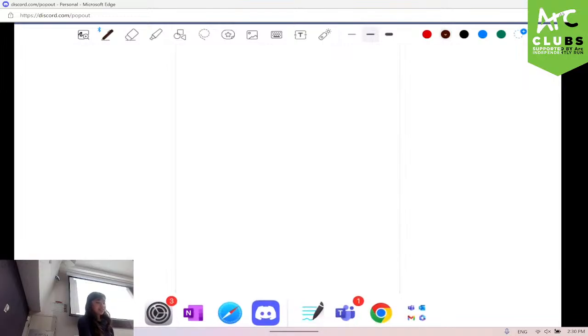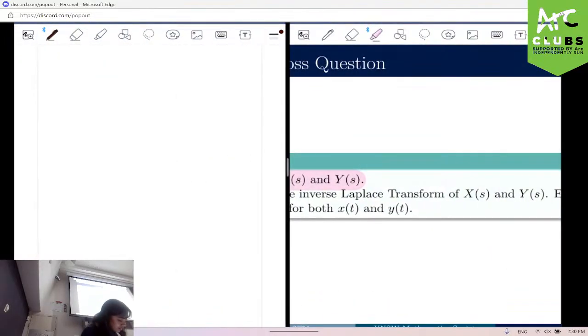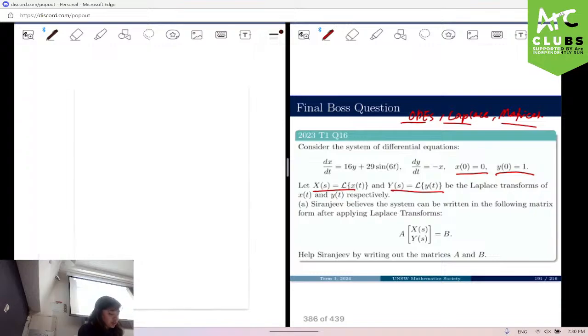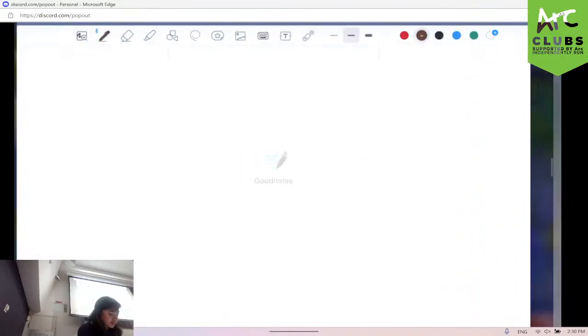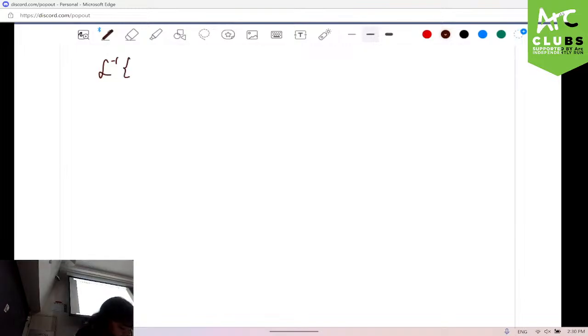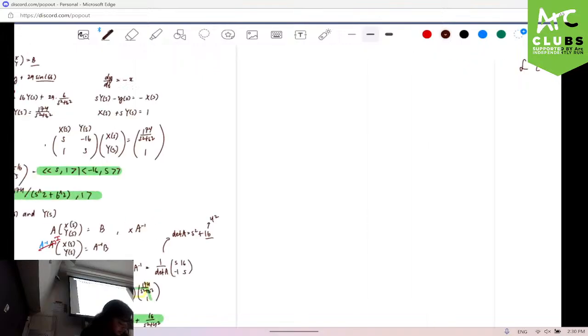Is that true though? The question is asking you to find the inverse Laplace transform of X(s) and Y(s), and then enter an expression for x(t) and y(t). I'm not going to break it out, I'm just going to show you guys. So L minus 1 of X(s) equals, well, we have this.